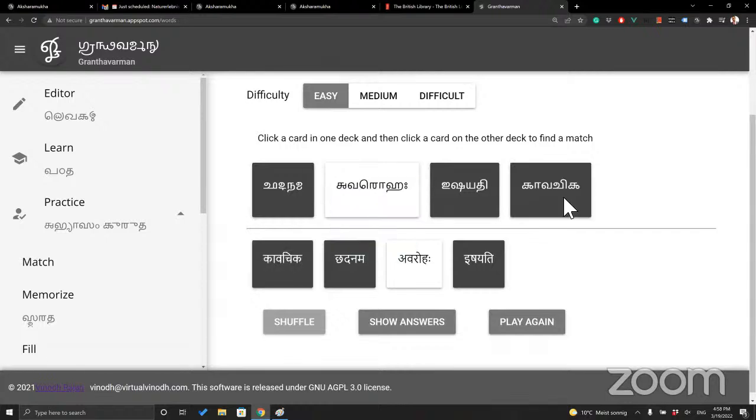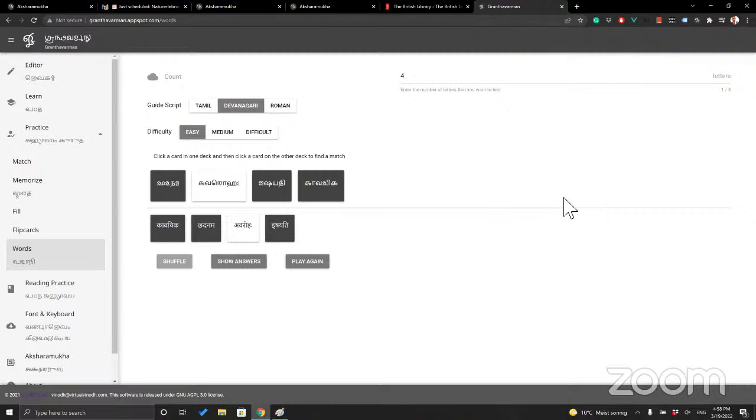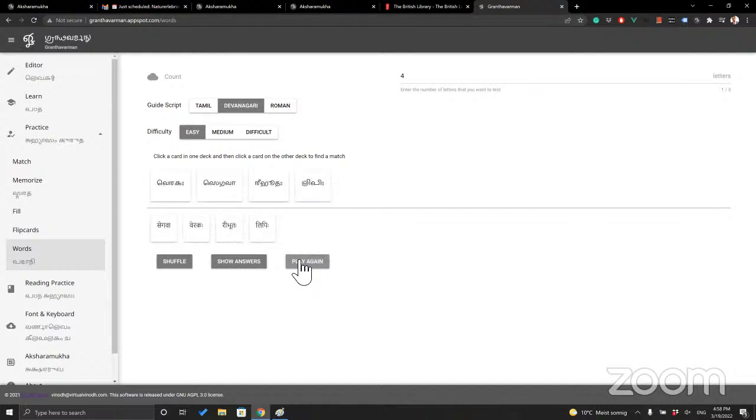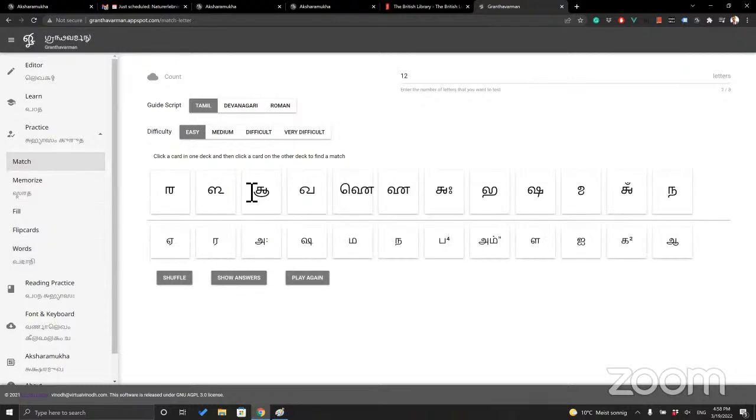So you can try to read words since we know all the letters and all the symbols. You have to go to this site, click words here, and try to basically match them so you can improve your reading skills. You can also try to match individual letters you want to keep practicing.